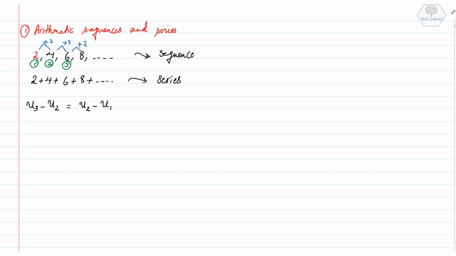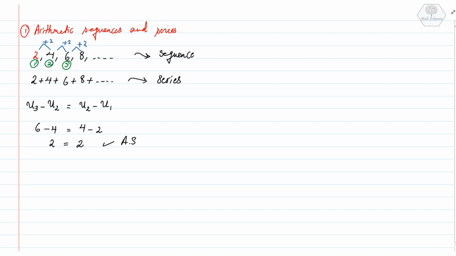Let's check. U3 is 6, minus U2, which is 4, is equal to U2, which is 4, minus U1, which is 2. So 6 minus 4 is a 2. 4 minus 2 is another 2. 2 is equal to 2. So we can consider this as an arithmetic sequence.